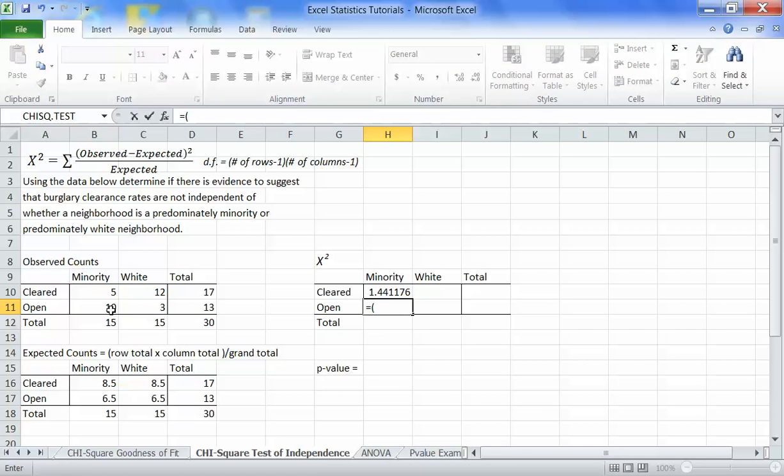I want to do observed minority open minus expected minority open, square that, divide by expected minority open. And do this through each cell in the chi-squared table here.